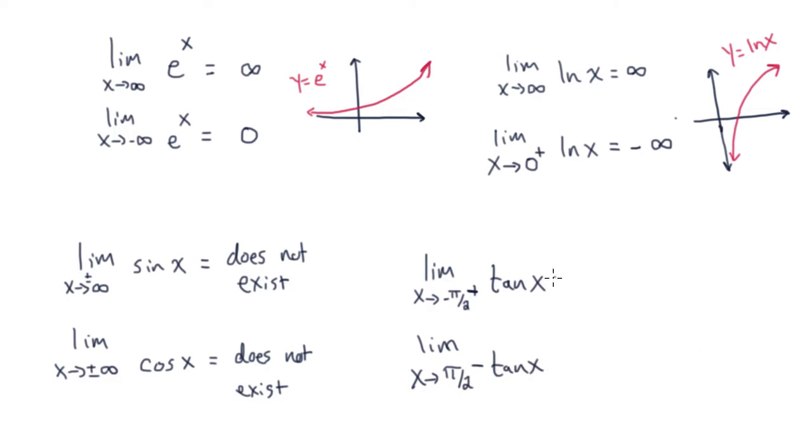And so maybe to make this clear, let me draw one of the periods. So here's pi over 2. And here's negative pi over 2. And so the graph of tangent looks like this.